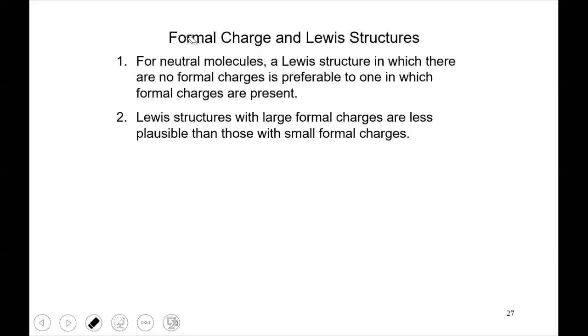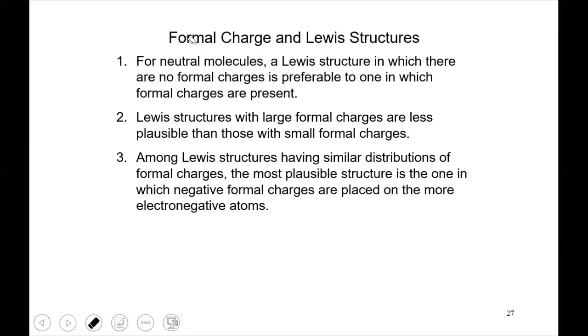So if one structure has a formal charge of +2 in one atom, -2 in another atom, and the other candidate has +1 and -1 respectively, the second structure is more likely to be correct because it has smaller formal charges. Now, let's say that, again, you have the formal charges and you already know you can't get away from it. The most plausible structure for these kinds of situations is one in which negative formal charges are placed on the more electronegative atoms.